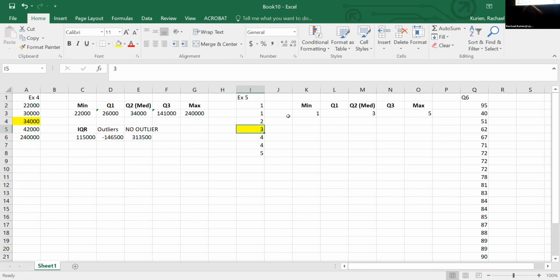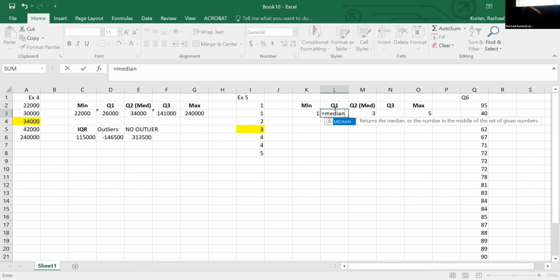That's our middle value. So to figure out quartile 1, you'll find the median of the top half. To find quartile 3, you'll find the median of the bottom. All right, so median of the top half, because we want to split into 4 even pieces.